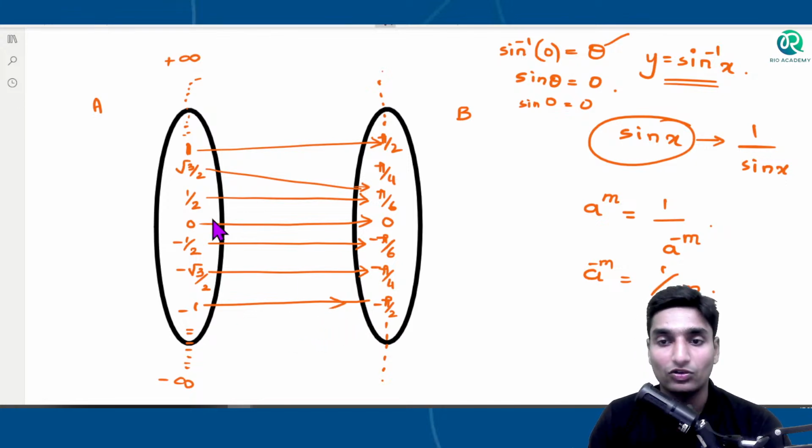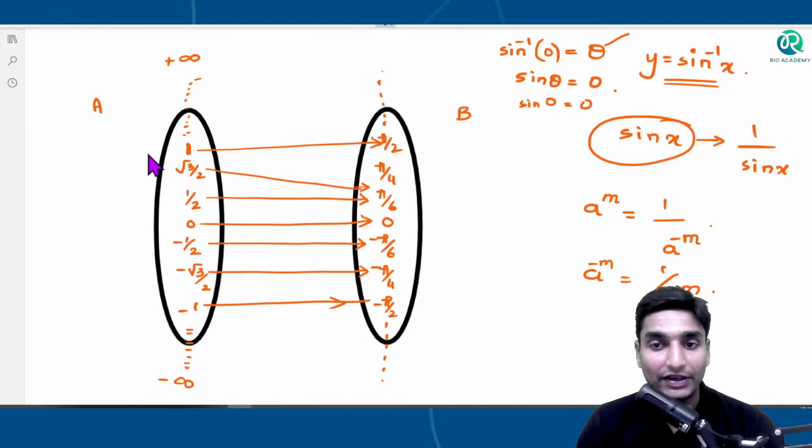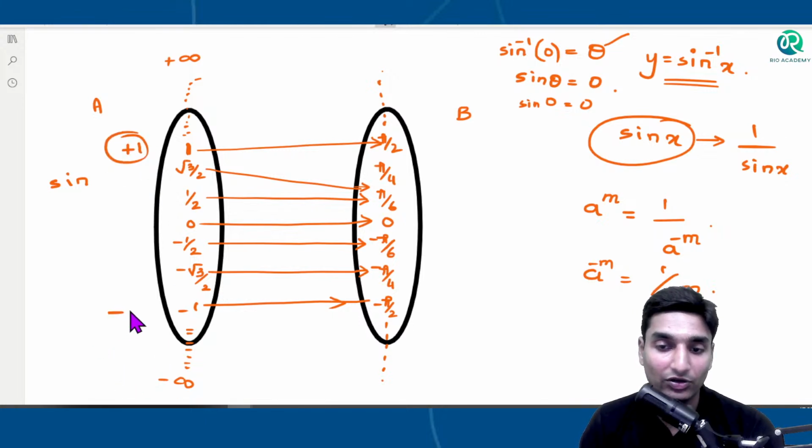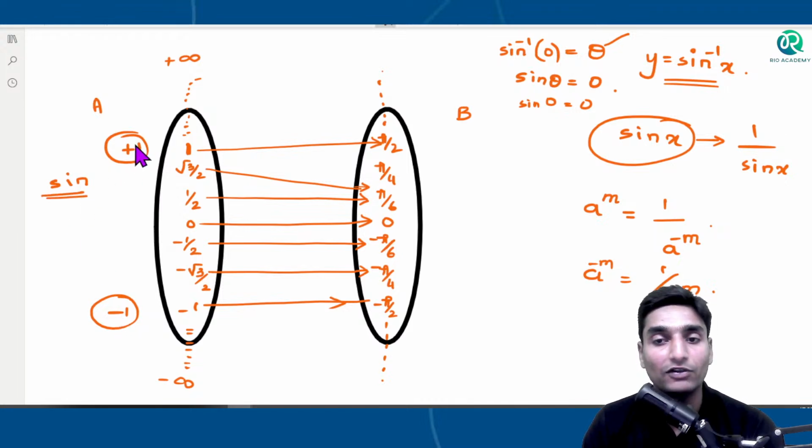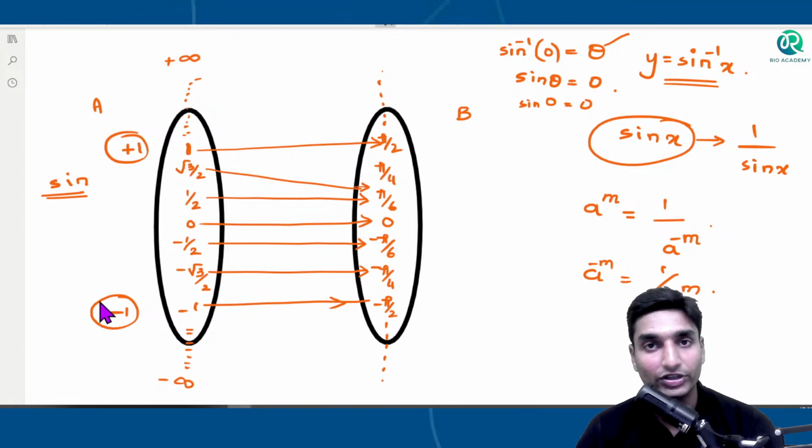Alright. So now as you can see, guys, the entire value of the trigonometric function sine will always lie between +1 and -1. The function of sine will never cross these values, because as you go through the trigonometric table, you also know that the maximum value of sine is positive 1, at sine 90.